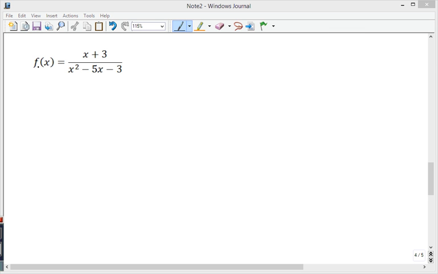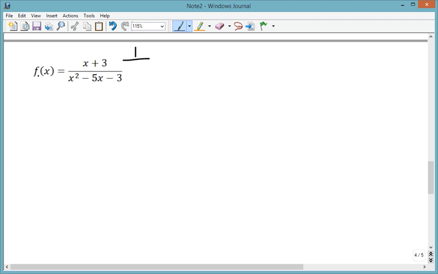Don't get too excited about what I'm doing here. I'm showing you kind of the background. If you want to memorize the rule behind it, that's fine too, and I'll tell you what it is. But let's just think about this. I want to multiply by 1 over x squared on the top and 1 over x squared on the bottom.